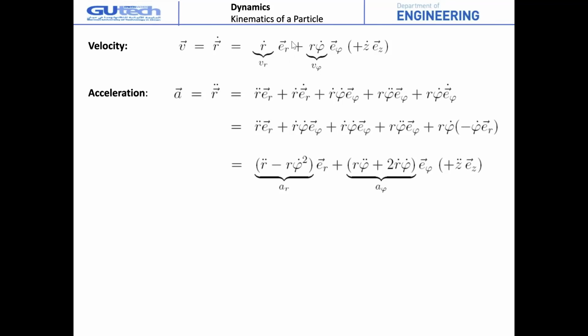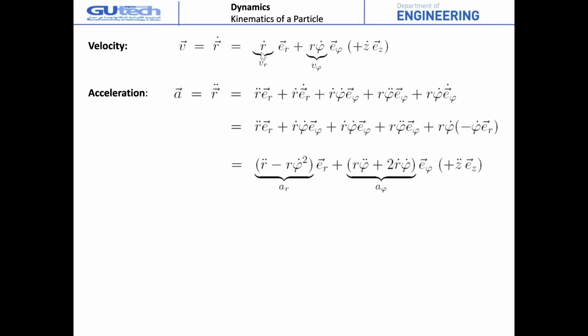We have to take the derivative of this term, which is composed of two terms, and each term is time dependent. The same for V phi: in this case we have three terms, meaning each of r, phi dot, and E phi is time dependent.